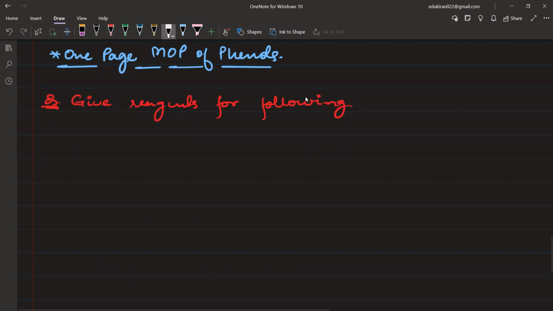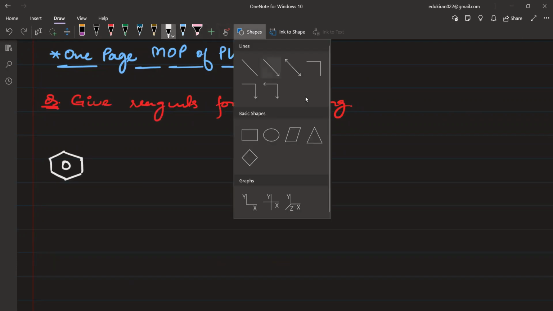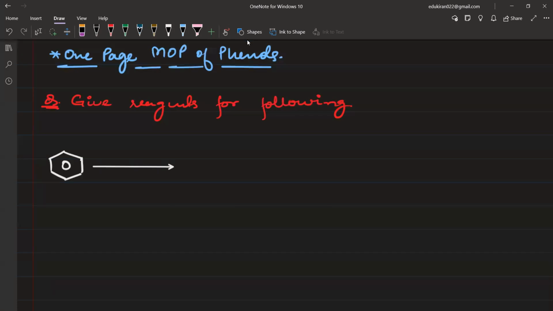Okay, give reagents for the following. We have benzene, and from benzene we have to make cumene first of all, and then we have to make phenol.